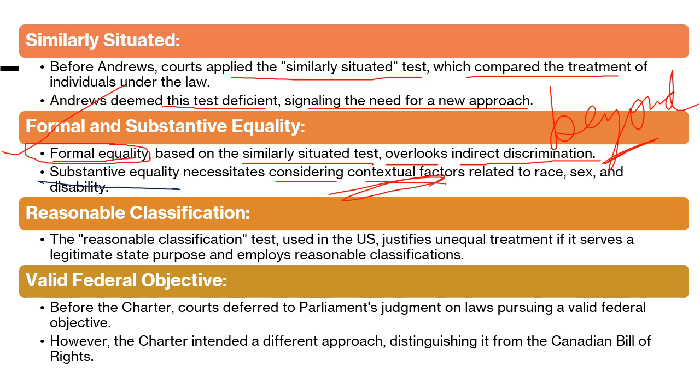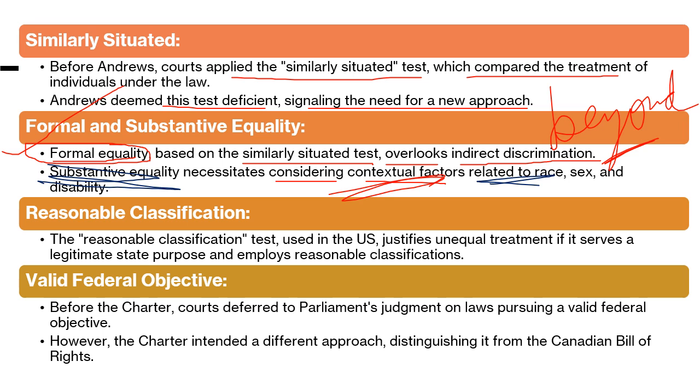Here we acknowledge and accommodate differences. We target people and their situations for disadvantaged or vulnerable categories. So here we remove systemic discrimination and structural barriers. So substantive equality more effectively addresses real-world disparities and injustice than formal equality.